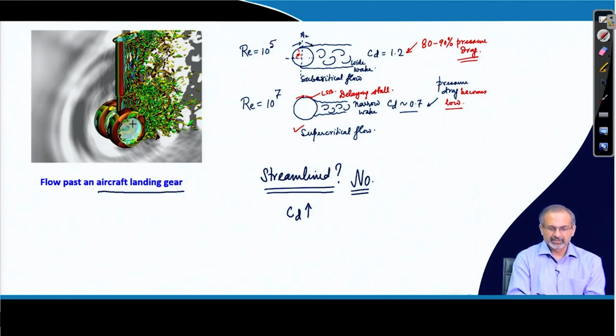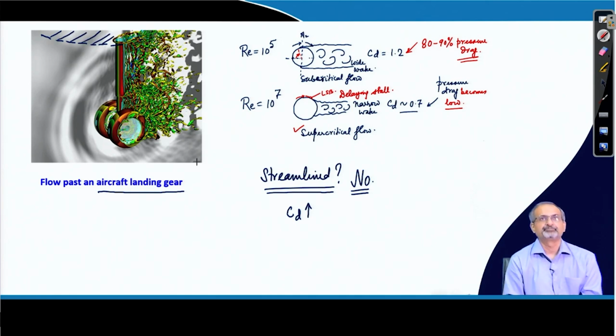So, we are just seeing the landing gear part of the aircraft, we are not seeing the bottom portion of the aircraft from where the landing gear has been deployed. So, you can imagine that the main aircraft lies above, but we are concentrating on the flow around the landing gear only.